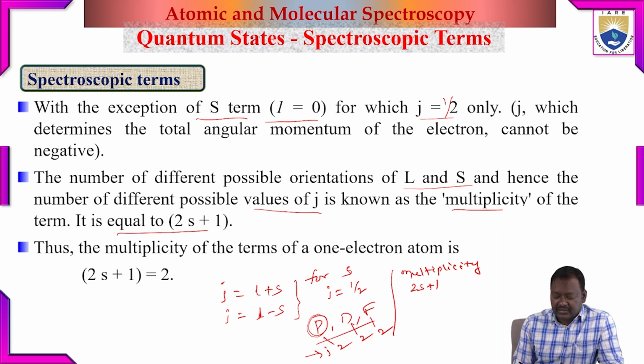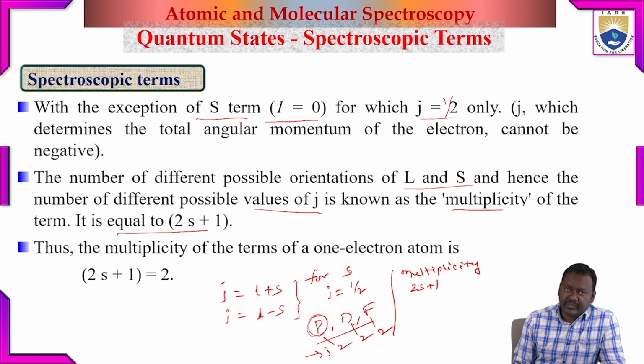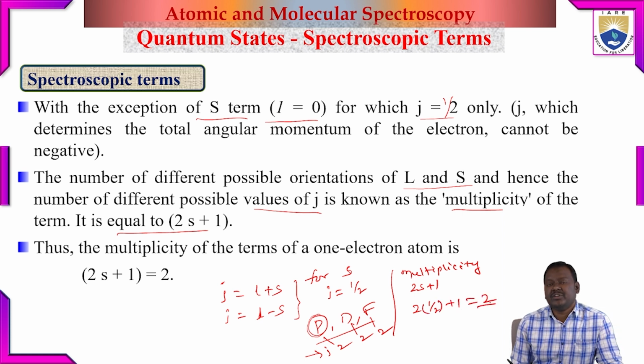For the electron, generally S is equal to 1 by 2. So for the single electron atom, 2 into 1 by 2 plus 1 is equal to 2. So the multiplicity for a single electron atom, whatever the term, must be equal to 2.